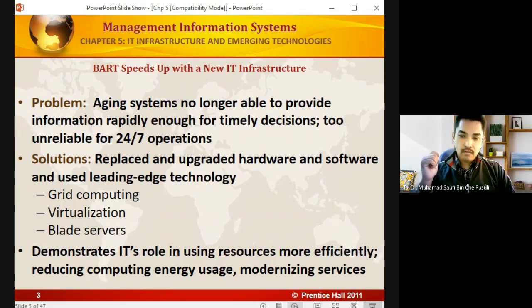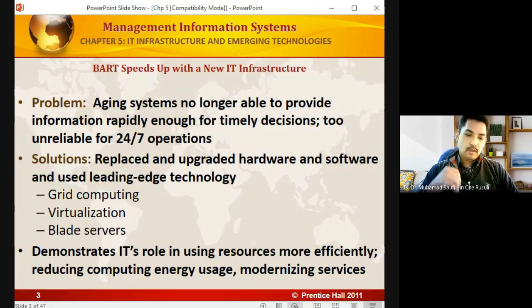Even though almost all people know about information technology, not all people actually know the details of it, such as the hardware, software, and so on.